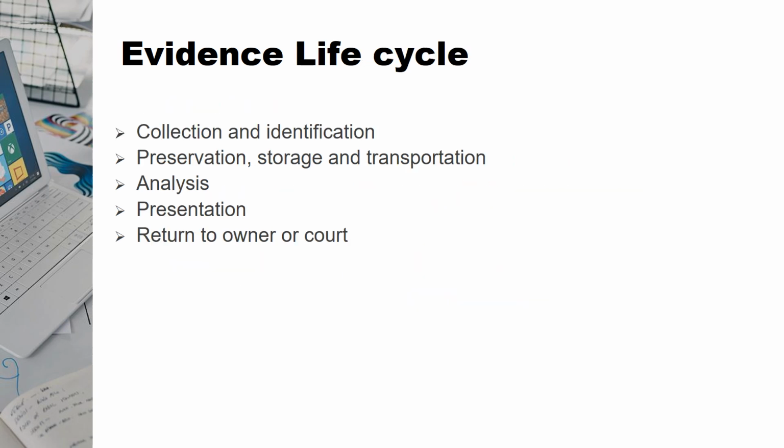Then we move on to the evidence life cycle. The handling of digital evidence follows a structured life cycle to maintain its integrity and admissibility. It begins with collection and identification, where investigators carefully recognize and gather potential evidence without altering it. For example, placing a seized smartphone in a bag prevents remote wiping.